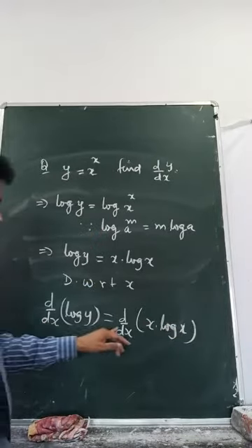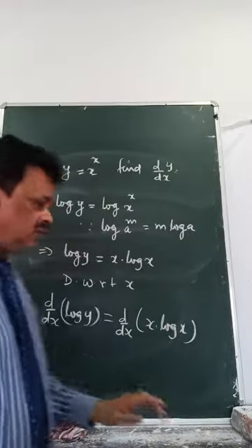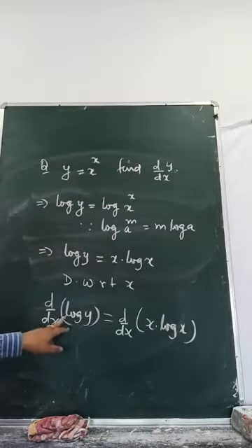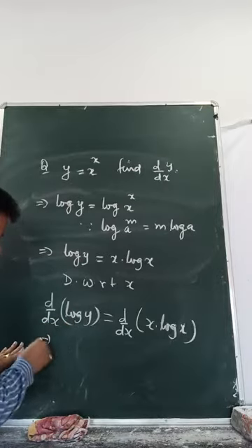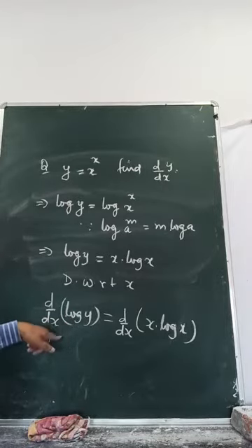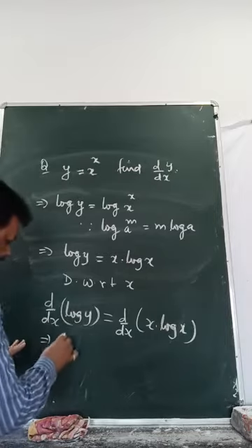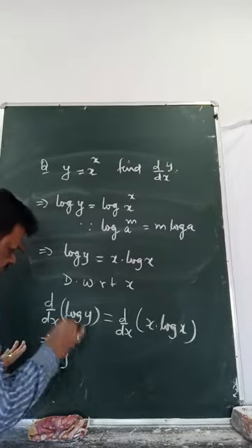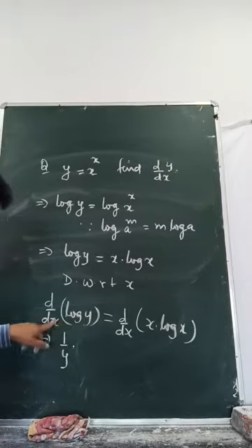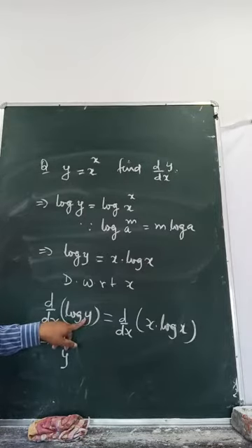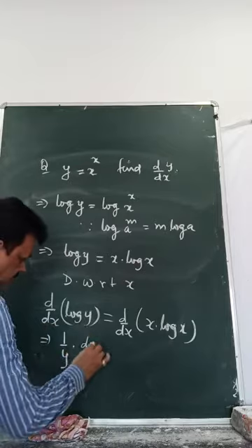Now come back to this function. First, the differentiation of log y will be 1 upon y, because the differentiation of log x is 1 by x. Then y with respect to x, so you will have dy by dx.